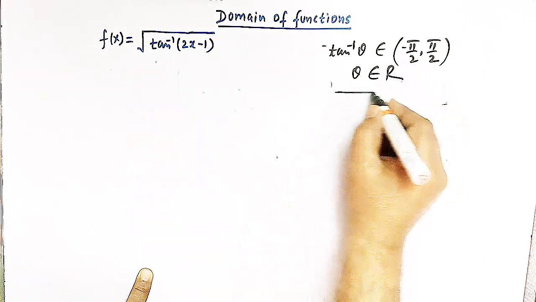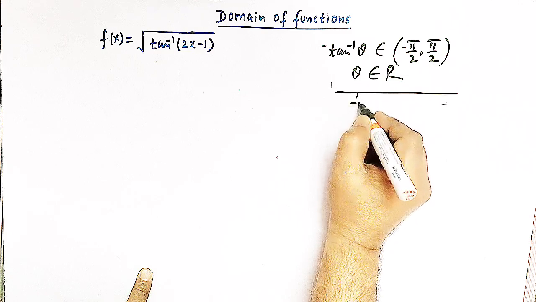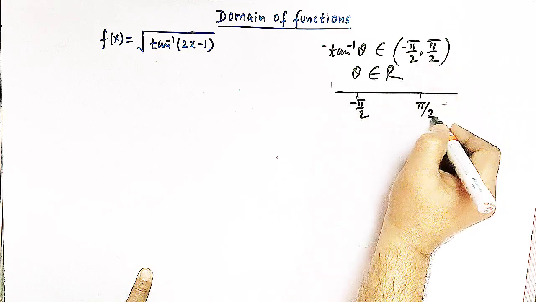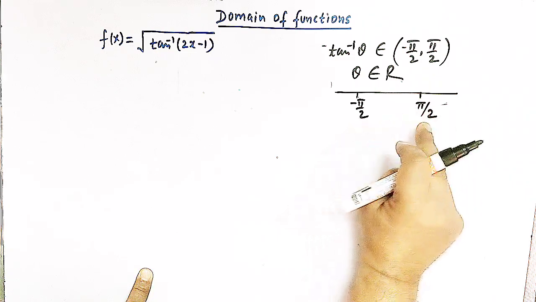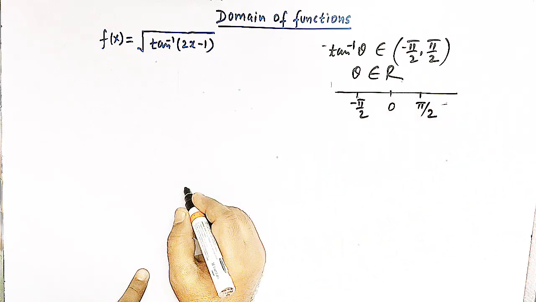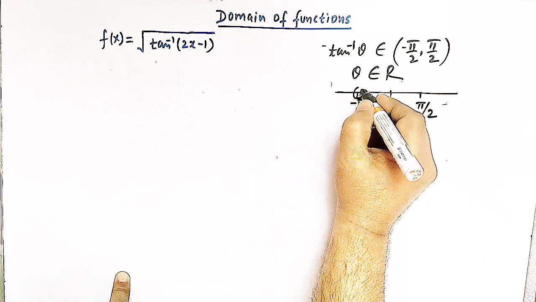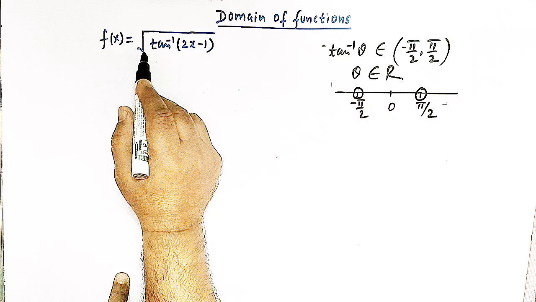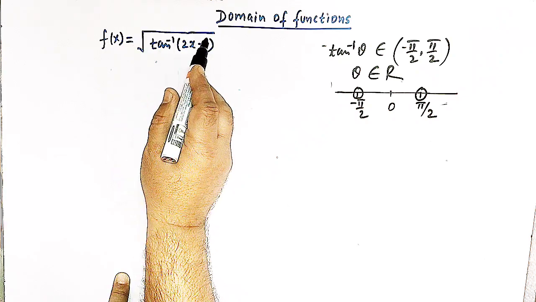Here we have minus pi by 2, and here pi by 2, and between them we have 0, and these two end points are not included. Now we have the square root function.